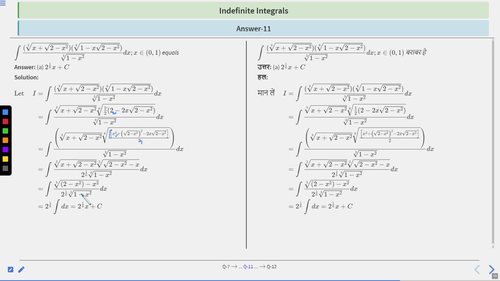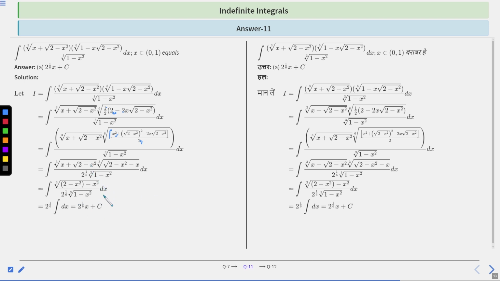Now see, if you take cube root of the whole thing, you will see that x plus a plus b into a minus b, a plus b into a minus b, right? Which can be further broken as cube root of 2 minus x square upon 2 to the power 1 by 6 cube root of 1 minus x square, right?